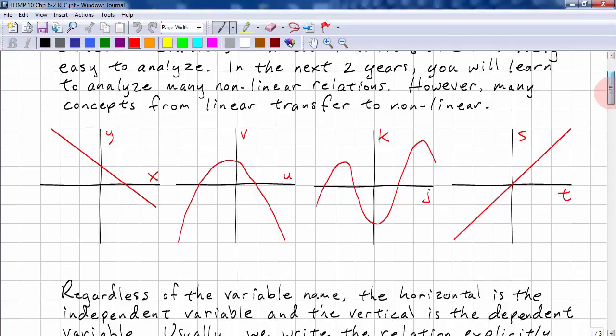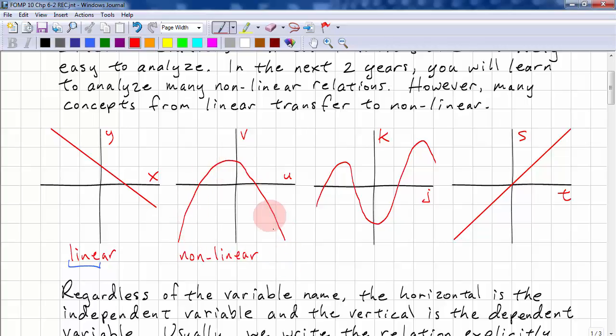Okay, let's try to recognize linear and nonlinear. And this one is linear. And why is it called linear? Because it has the word line in it. So if it forms a line, it's linear. This is a curve, so it's nonlinear. And in case you're wondering, this is called a quadratic.